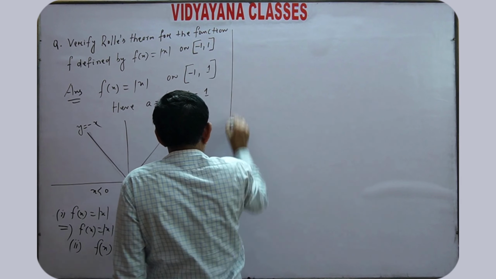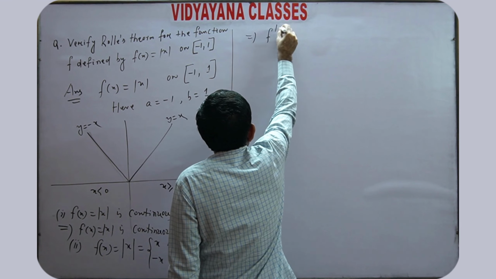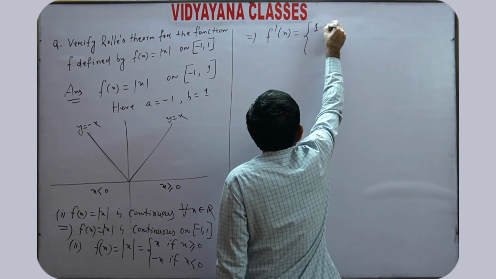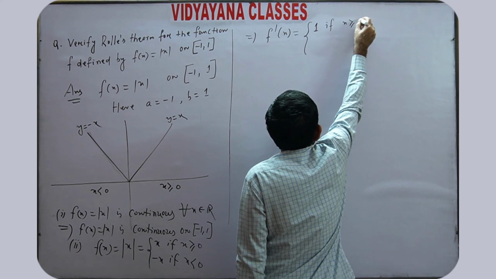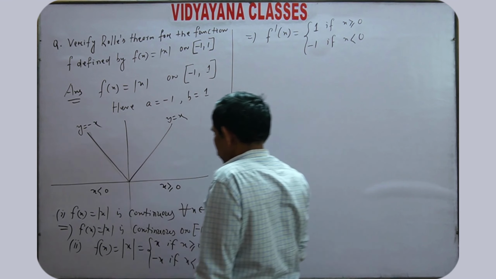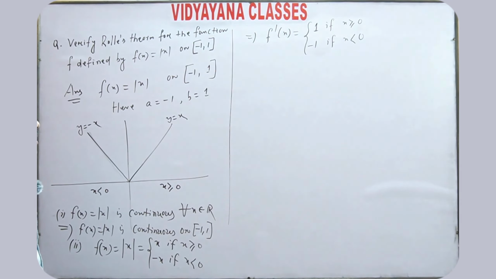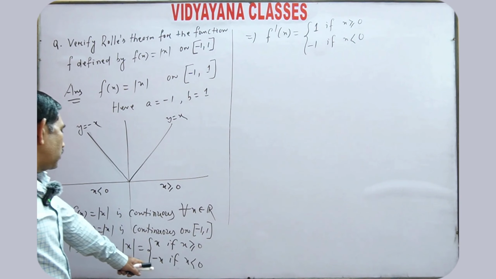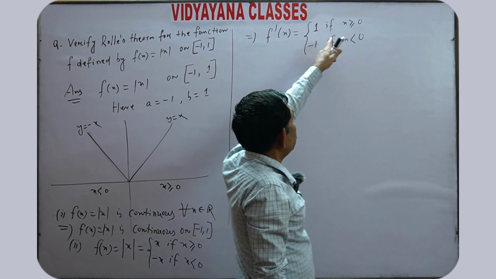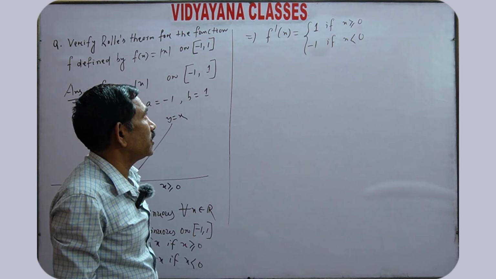Differentiating both the sides with respect to x, f dash x is equal to 1 if x is greater than or equal to 0 and minus 1 if x is less than 0. Clear?